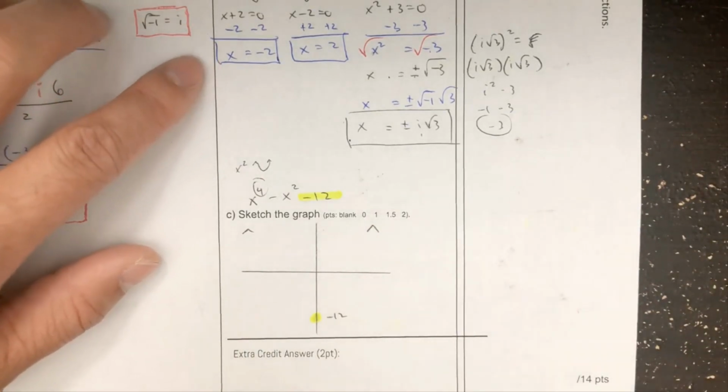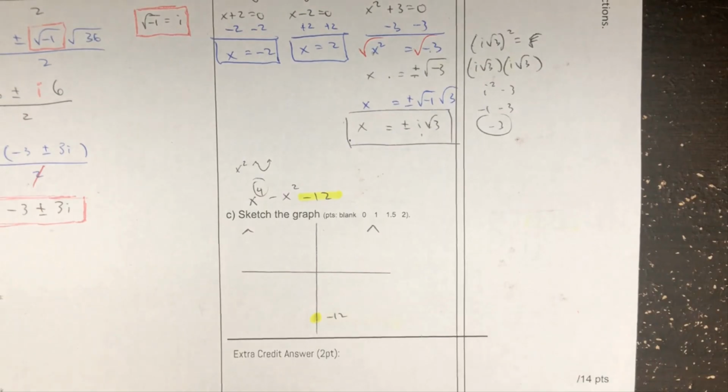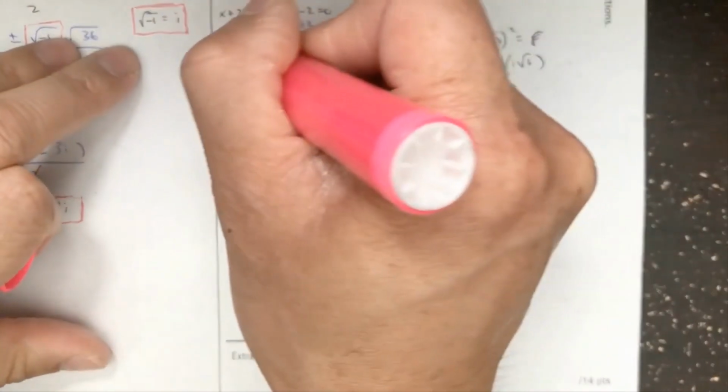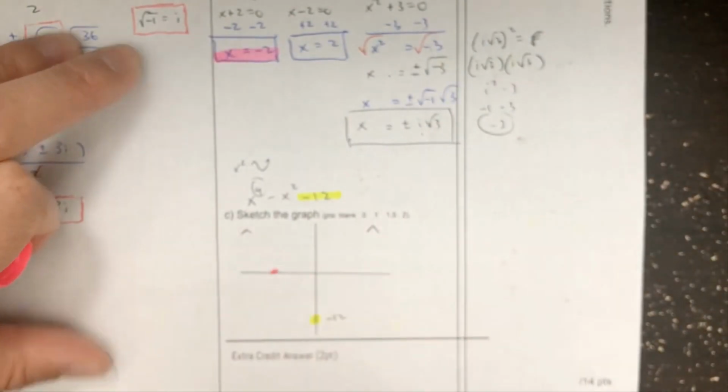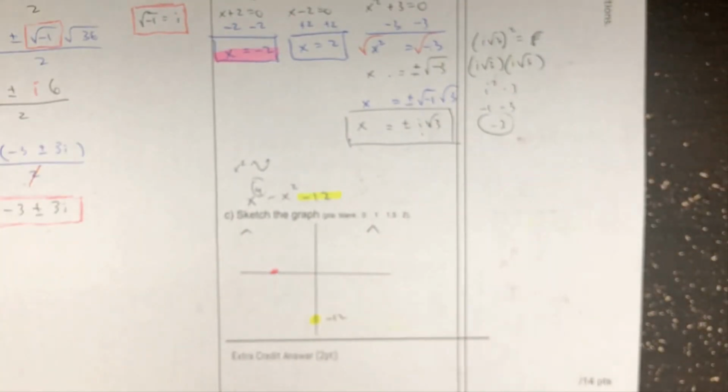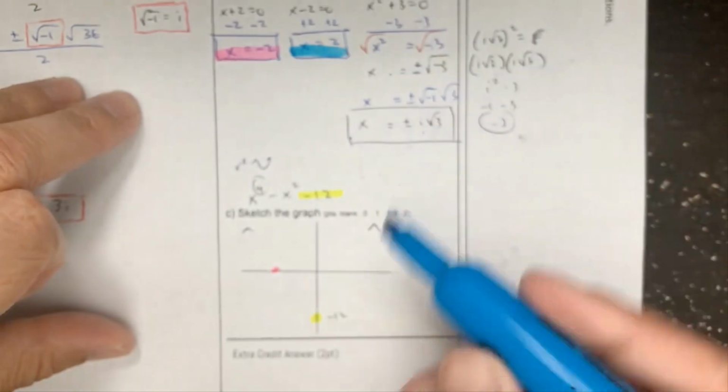And then I'm going to take x equals -2. Let's see what colors I got. And then x equals 2.